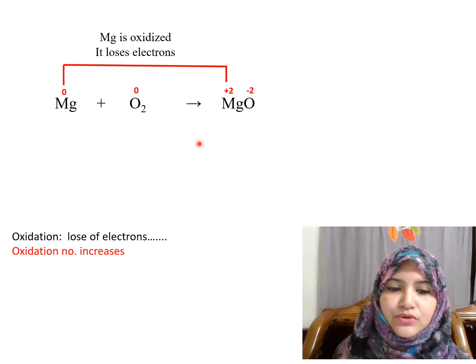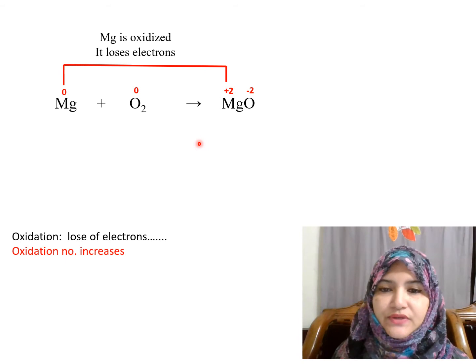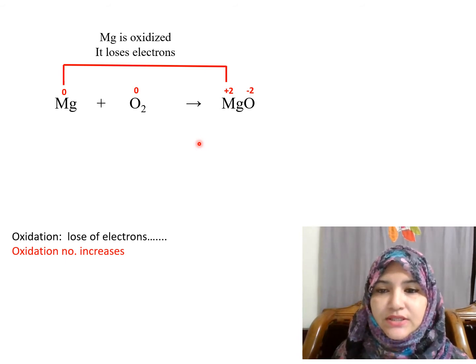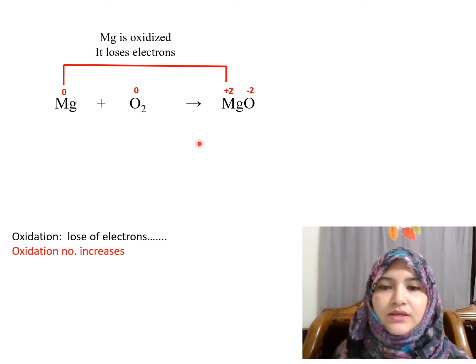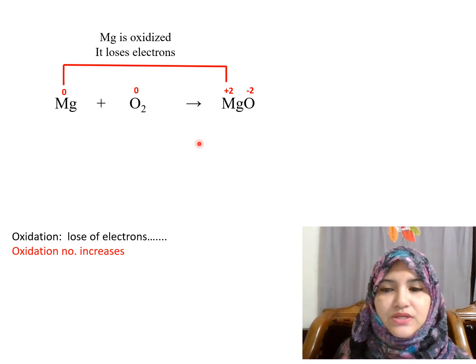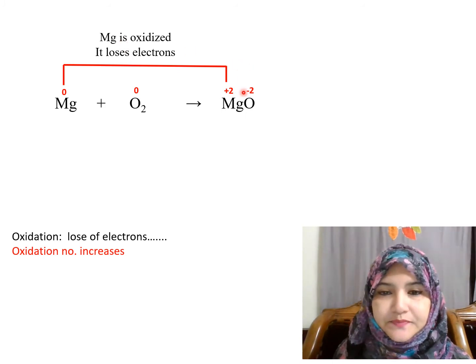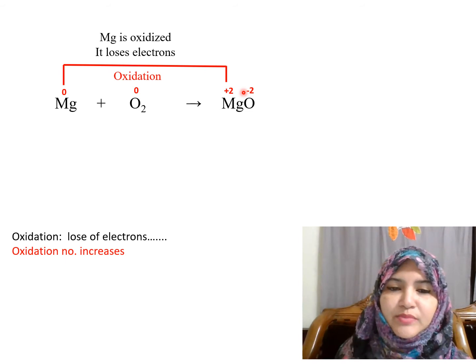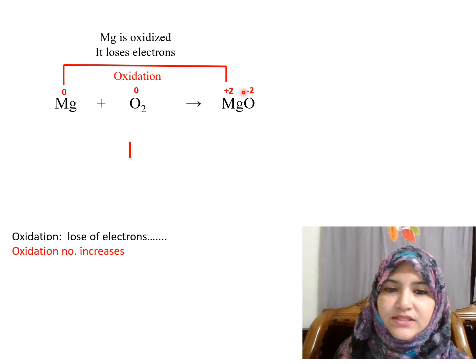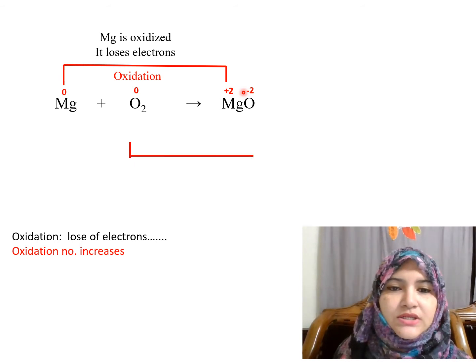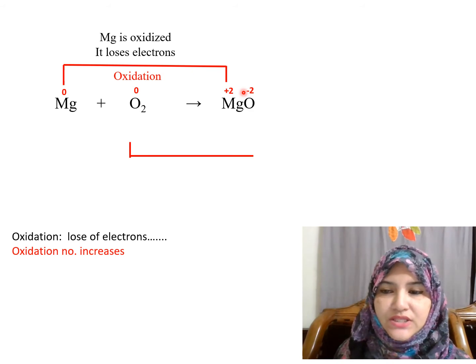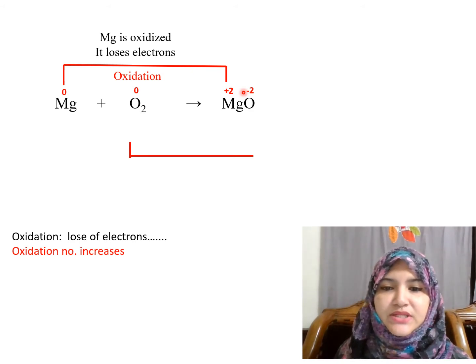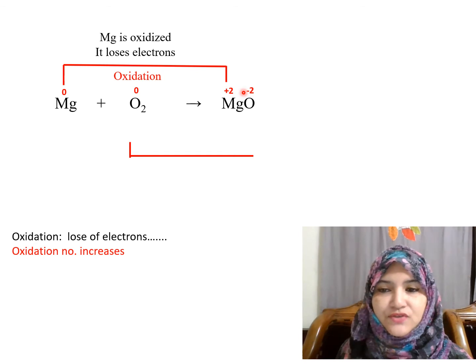And we know oxidation is loss of electrons, and whenever the oxidation state goes up, oxidation is taking place, and the substance is said to be oxidized. So here magnesium is oxidized, and it loses electrons, and this is known as oxidation reaction.